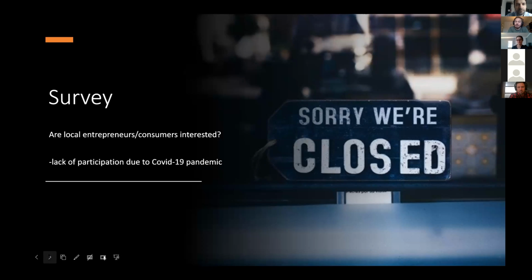But I understand that a lot of the restaurants are either closed down temporarily or permanently due to COVID-19 restrictions. So we're probably not going to get a big enough sample size in the survey to get any definite answers.